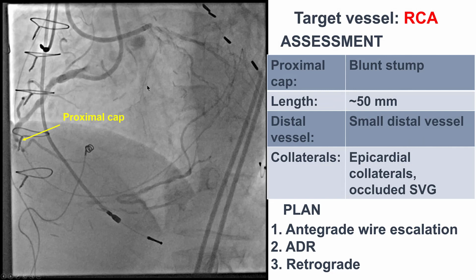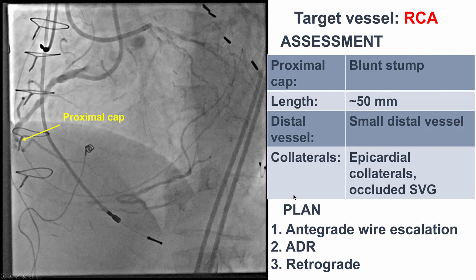So we have a CTO with a blunt proximal cap, length of approximately 50 millimeters, diseased distal vessel. There's a bifurcation close to the distal cap, and then it is filling through epicardial collaterals that appear to be small with significant tortuosity in their early segment.